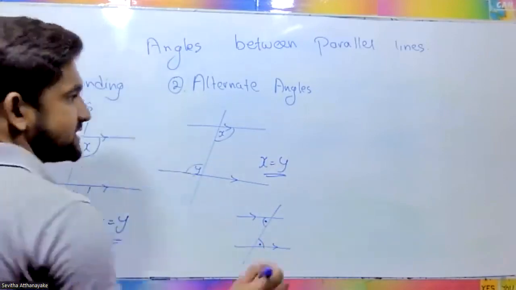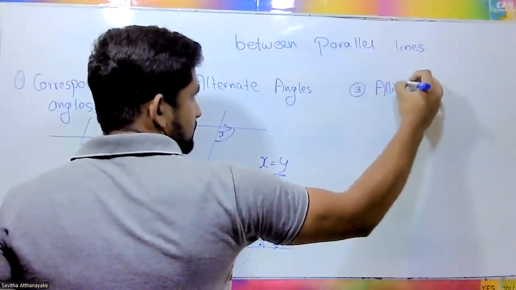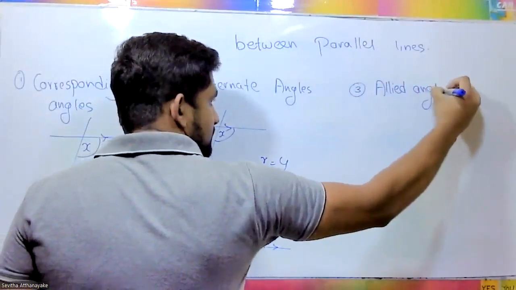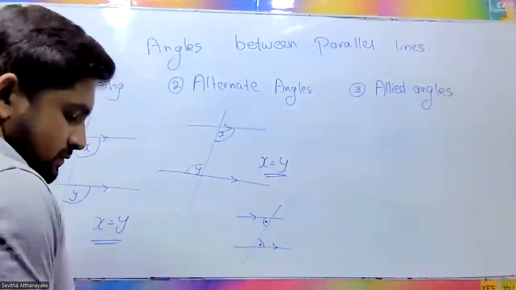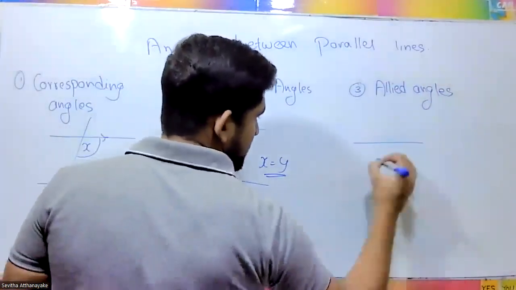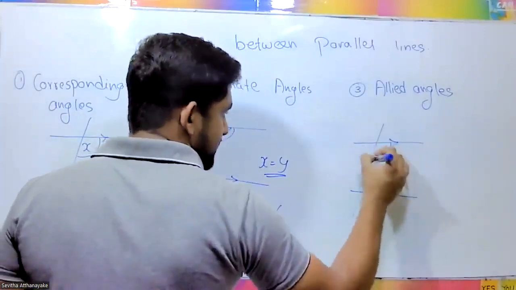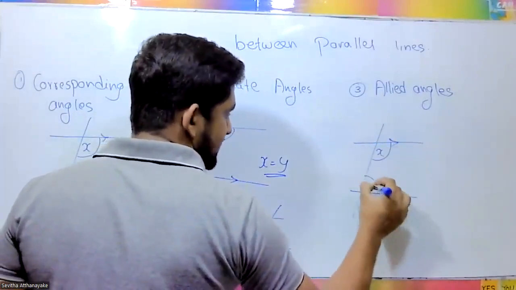Next one, the co-interior angles. Here, when we have two straight lines like this, let's take this as x and this as y.